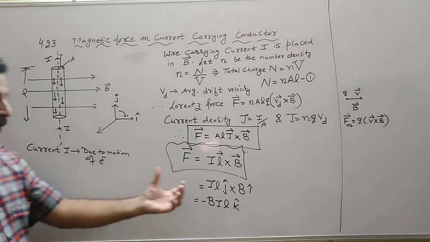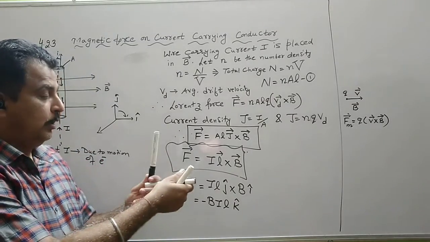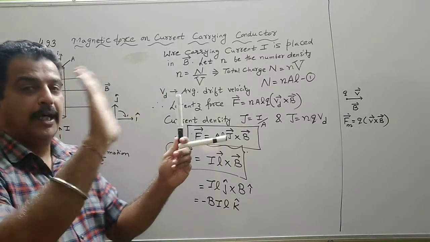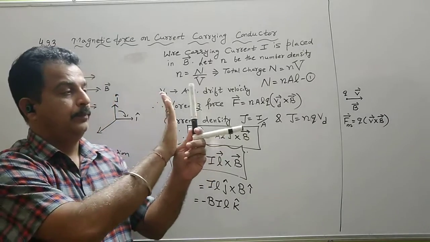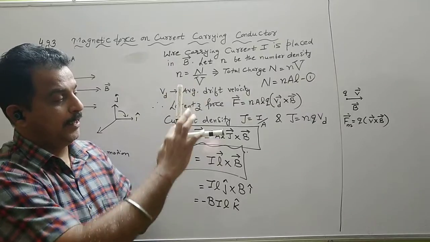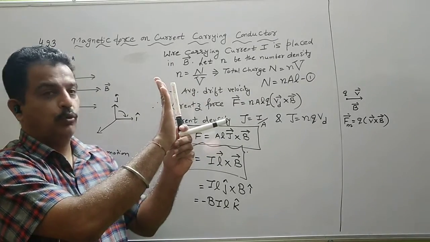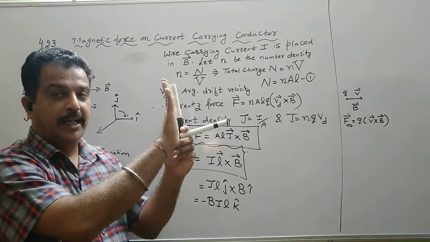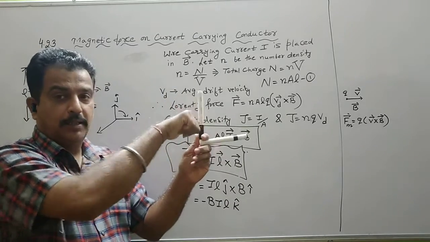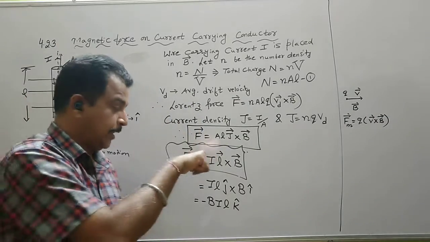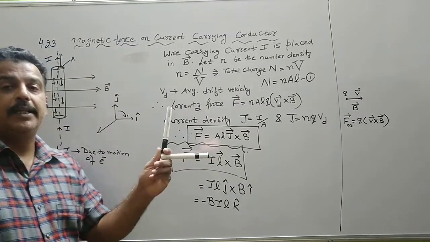So this is how you apply the right hand screw rule, or you can apply the right hand thumb rule. I take this palm perpendicular to the plane containing I and B, and I have to curl my hand from L to B. My thumb will be inward, so the force acting on the wire will be inward.